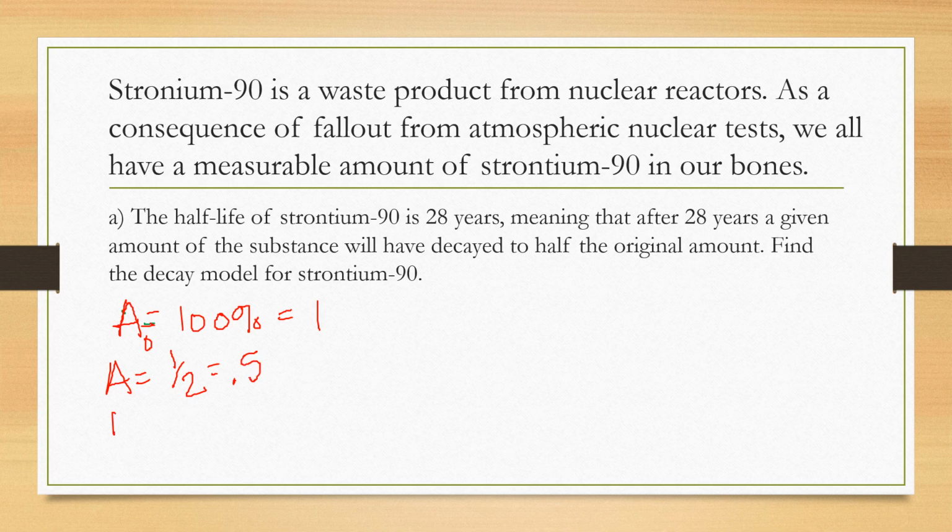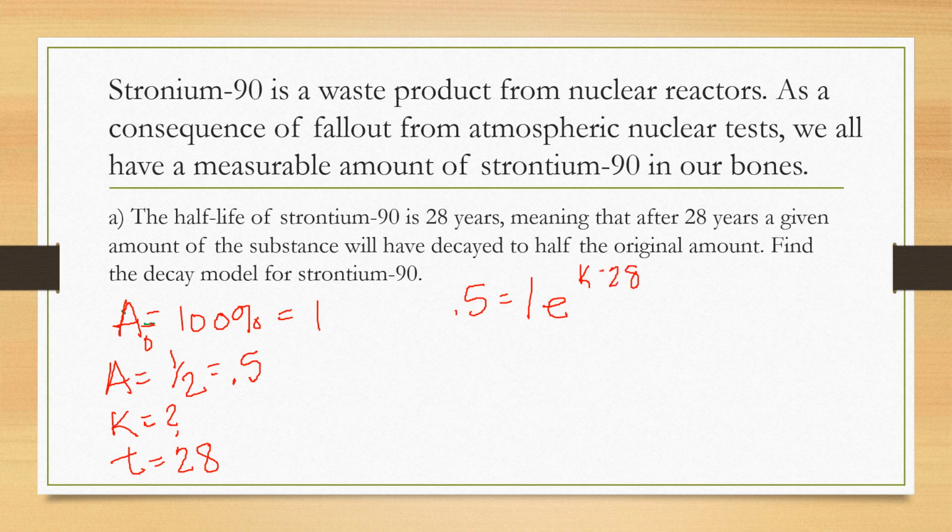We don't know how long or what the constant is. That's what we're going to try to find so we can create the equation. And our time for that half-life is 28 years. So our ending amount, 0.5, is equal to 1 e times k and times the time of 28.